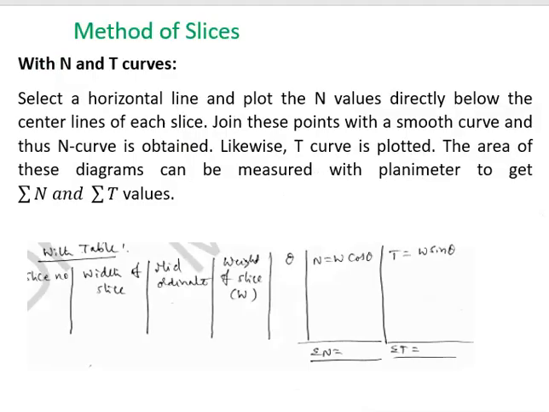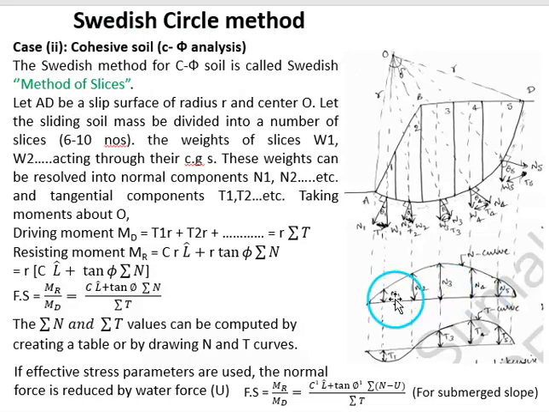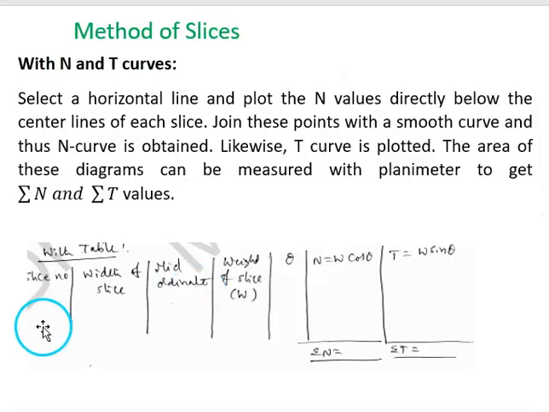Another method is by using the tabular column like this. Here we should write the slice number, and for each slice we have to write the width and mid-ordinate. Mid-ordinate is nothing but the height of the center line of the slice, this one. Then we have to find the weight of slice.